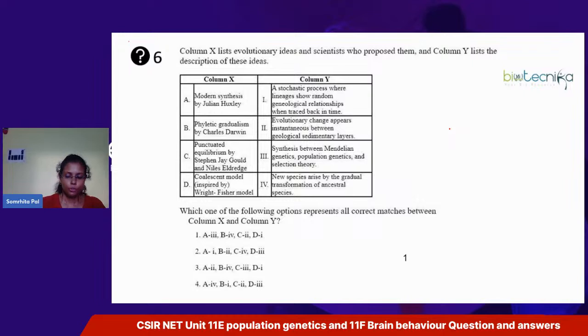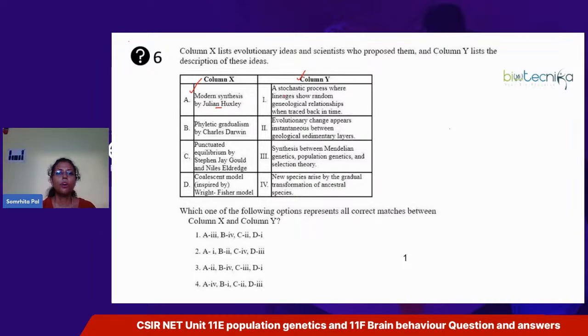Okay. So first analyze what they have given. In column X, they have given you the theory name, what the scientists have proposed, the ideas of the scientist, and the name of the scientist. And in column Y, they have given you the description of these ideas, right?